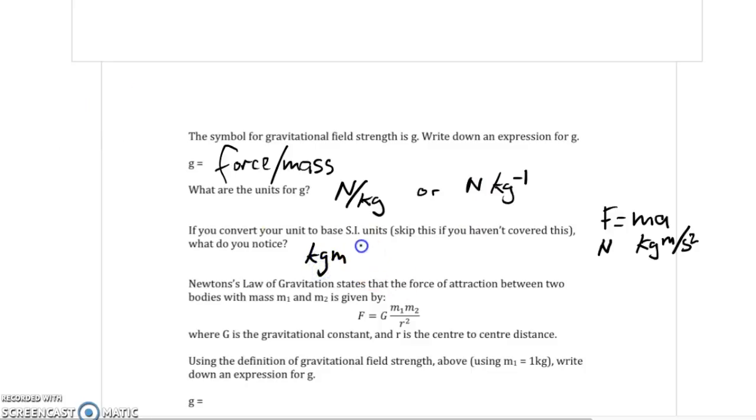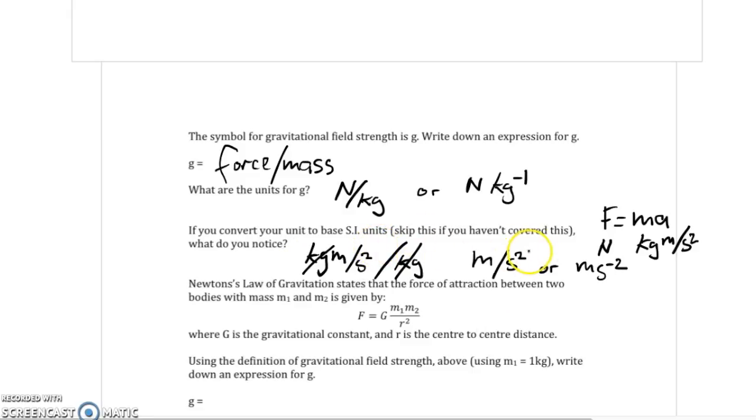meters per second squared, all over kilograms. And basically the kilograms will cancel, and so we end up with the unit meters per second squared, or if you like to write it the other way, m s^-2.